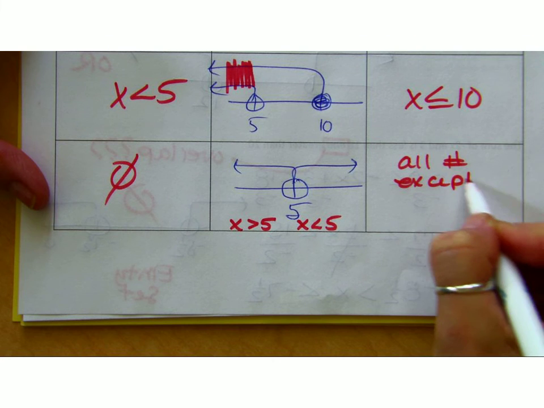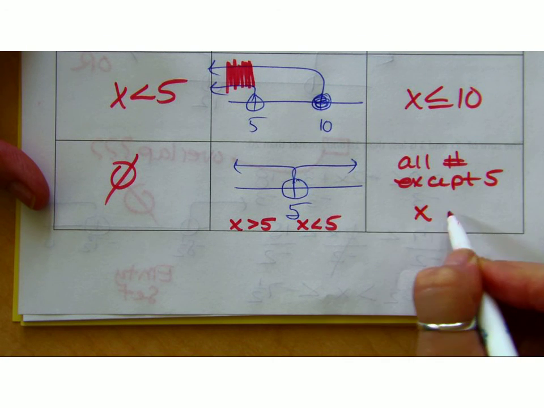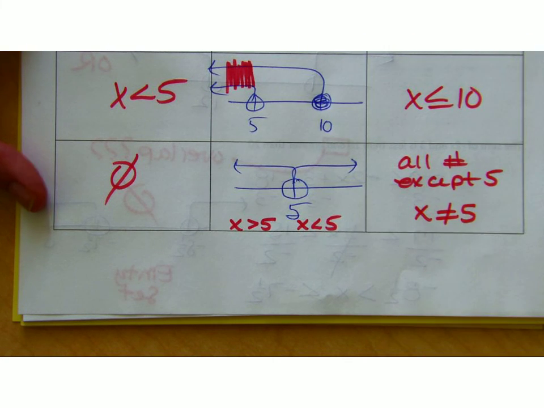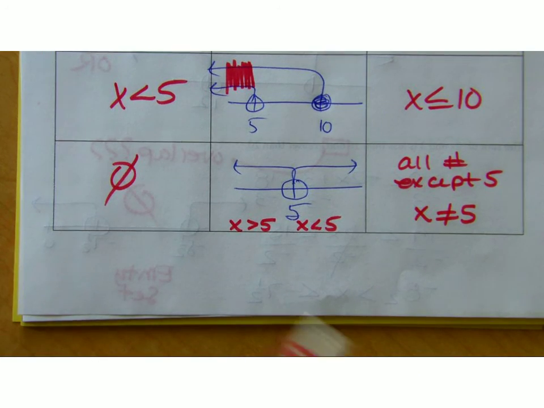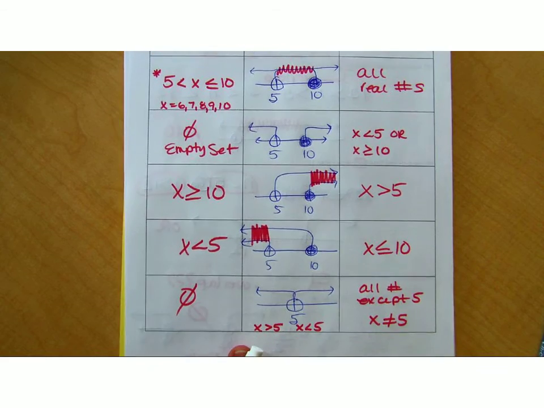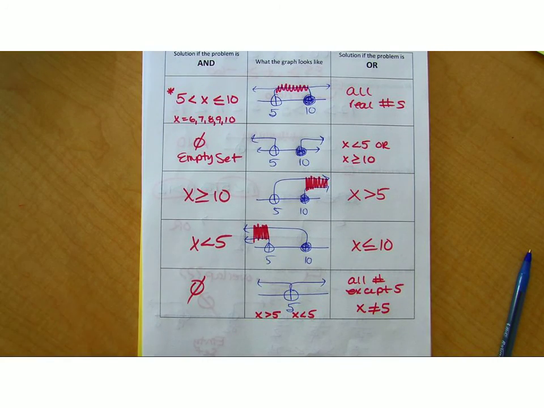Another way to write that is x could not equal 5, and then every other number is fair game, okay? This is a very awesome visual to help you. This is every single type of problem you're going to see when we take that assessment, okay? Big study guide. You are not going to get to use it on the test.